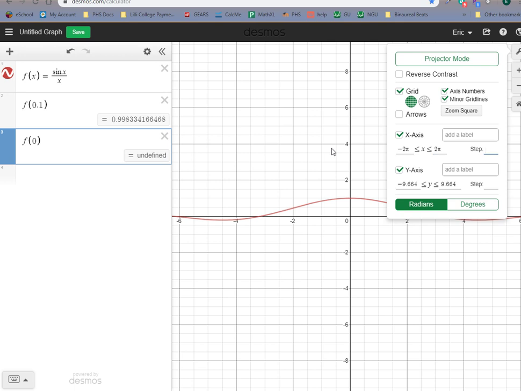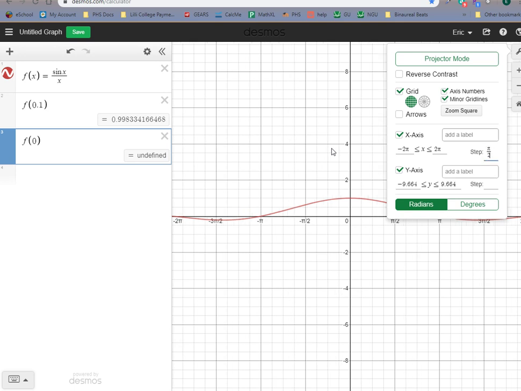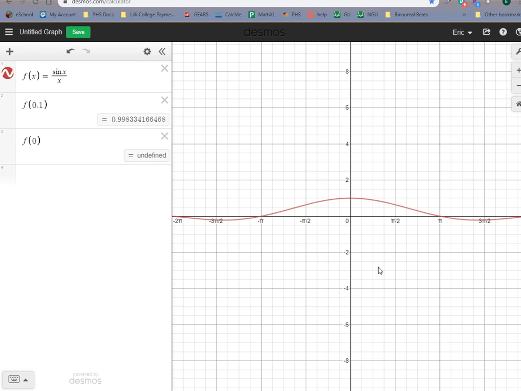Let's say I'm going to do pi divided by 2. Look what that does. That's really cool. It now gives me everything in terms of fractions of pi, which looks like it should for a trig function, right? The intervals on the x-axis are in increments of fractions of pi where it makes sense.